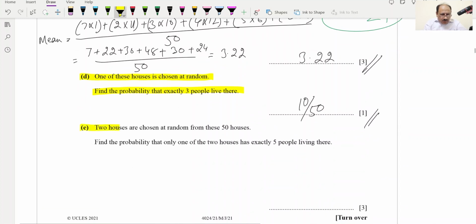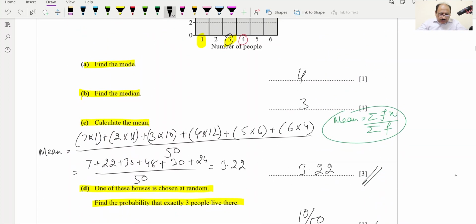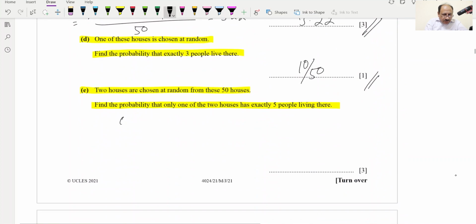Then E part, 2 houses are chosen at random from these 50 houses. Find the probability that only one of the 2 houses has exactly 5 people living there. So exactly 5 people living there will be 6 houses, so 6 out of 50, and there will be the other one.